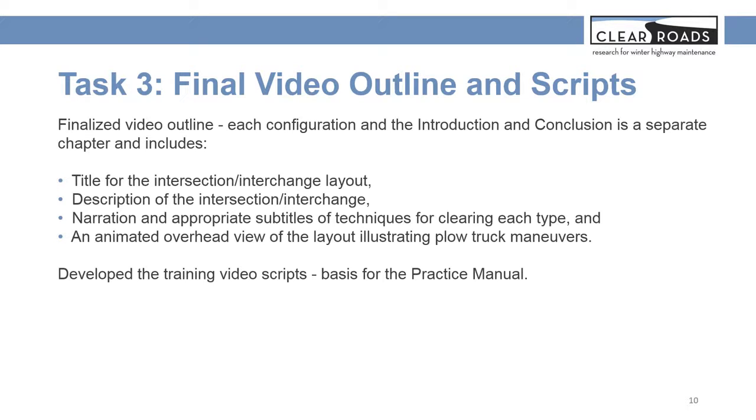For each configuration chapter, there will be a title for the layout, a description of the layout, the narrations, and some subtitles on how to clear those configurations. Most importantly, they will have animation from the overhead view to show how to clear those configurations.